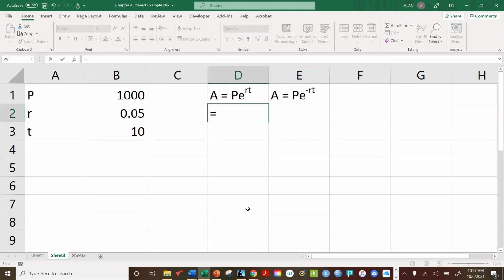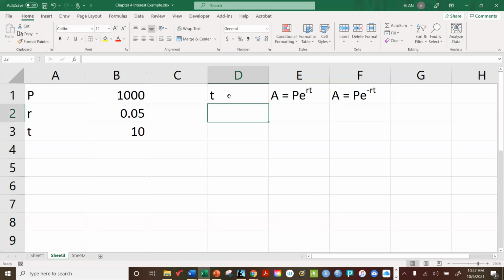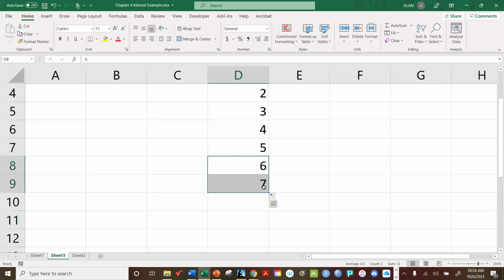So watch this. Equals B1 times E. Now in Excel, E is EXP, and the exponent is, oh, no, sorry. I have to have a column for time. Hold on one second. In other words, I want to show each individual year, not just once. All right, that's better.